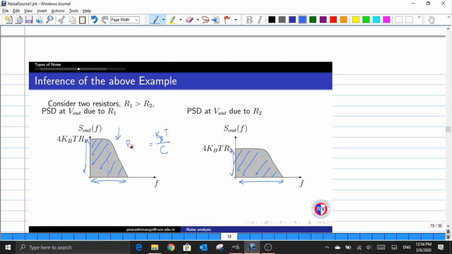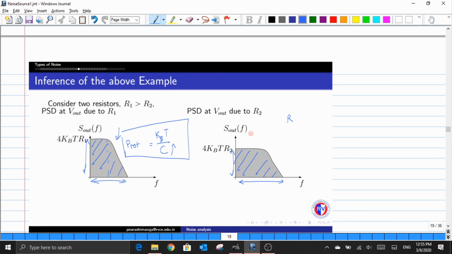Now, if one wants to reduce the noise contributed by the resistive component, it is not the R that we need to change, but rather it is the capacitive load that one has to increase in order to reduce the noise contributed by the resistor, which is thermal noise.